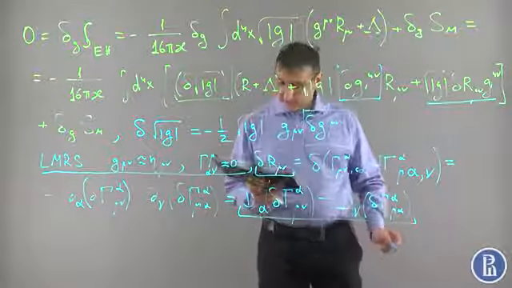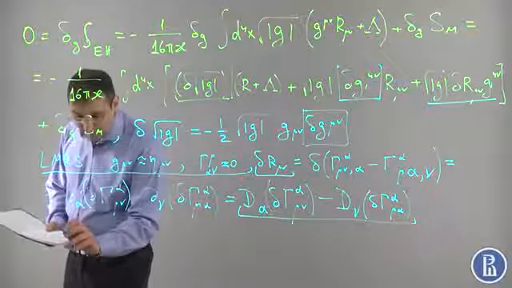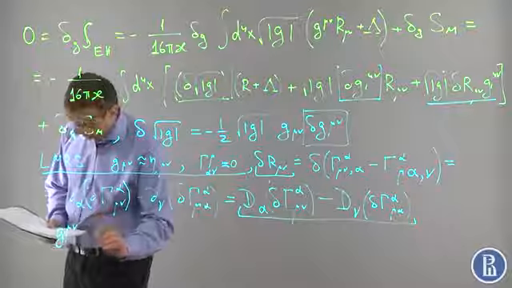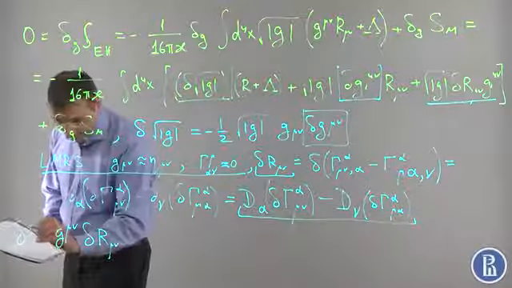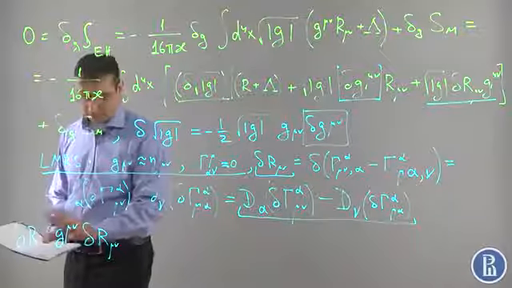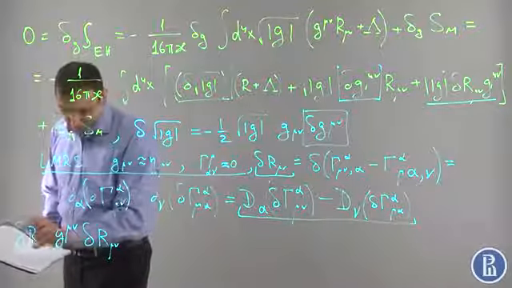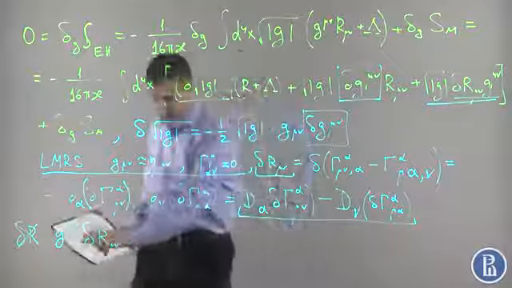From this relation, we have that g^μν times δR_μν, which is exactly the variation of δR. Oh, sorry, no, this is not true. So this quantity stands here.